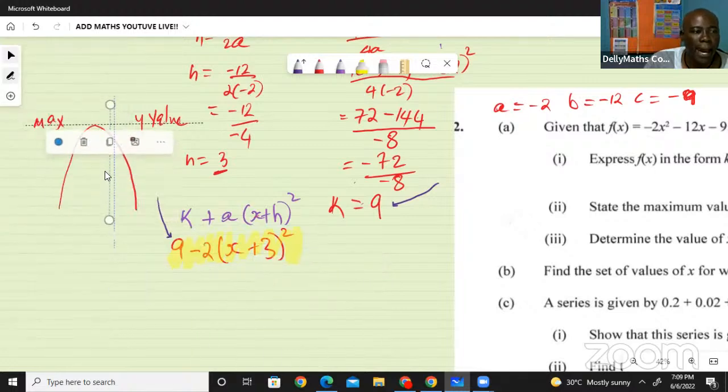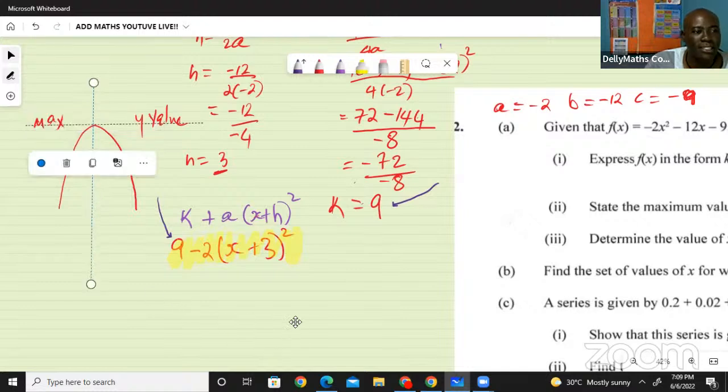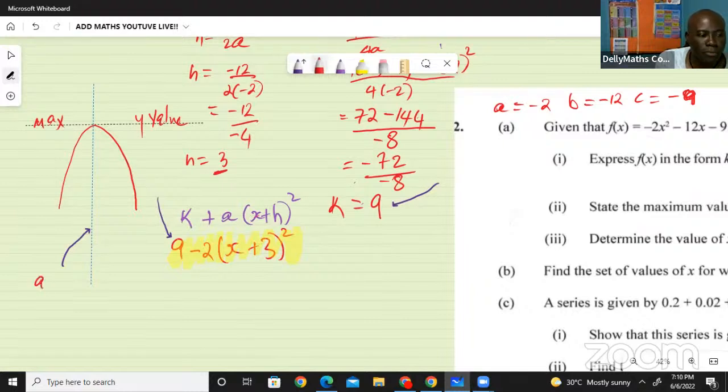So if I go at the max here, there is going to be an axis of symmetry here. So my axis of symmetry is the only x value at max or minimum. We need to make a note of that. Axis of symmetry is the only x value at the maximum or the minimum.